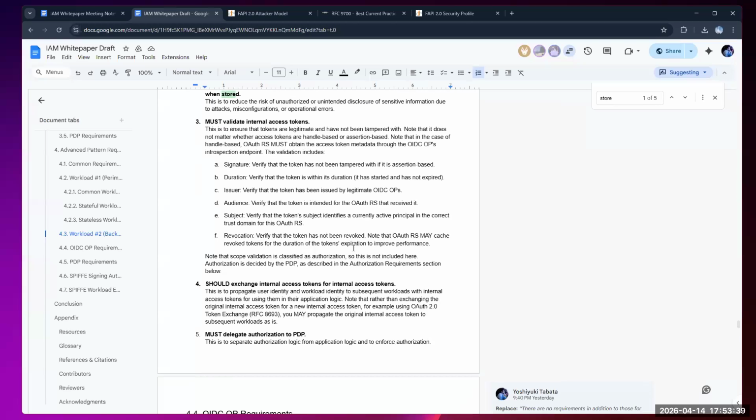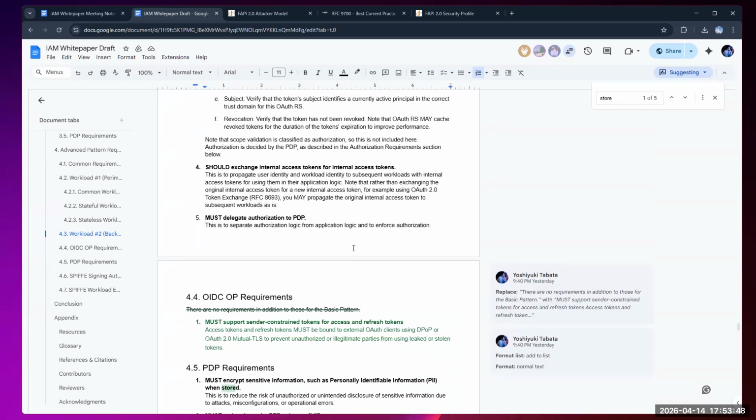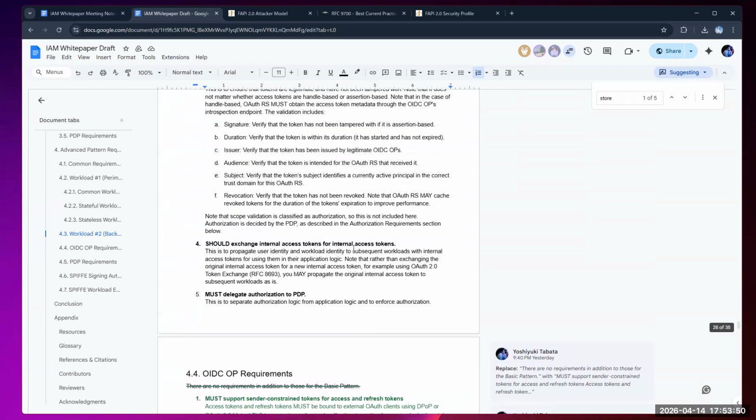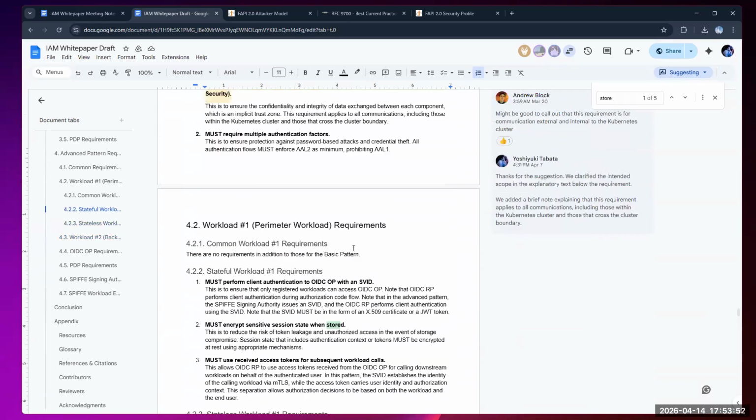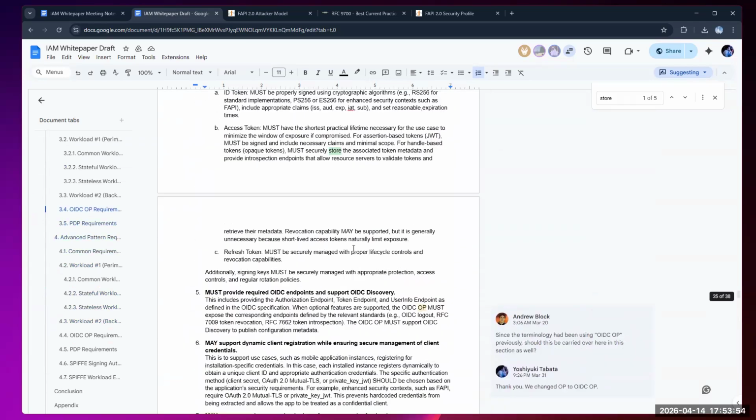I think it would be better if we define what we mean by sensitive information, maybe in the footnotes or something like that. I see.